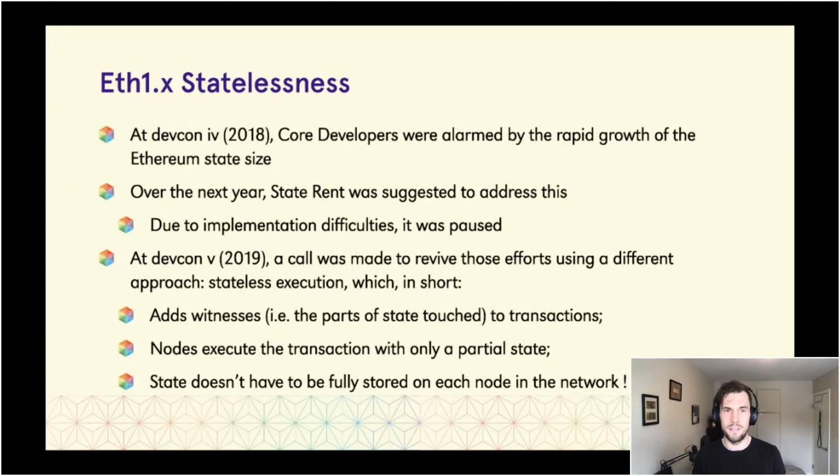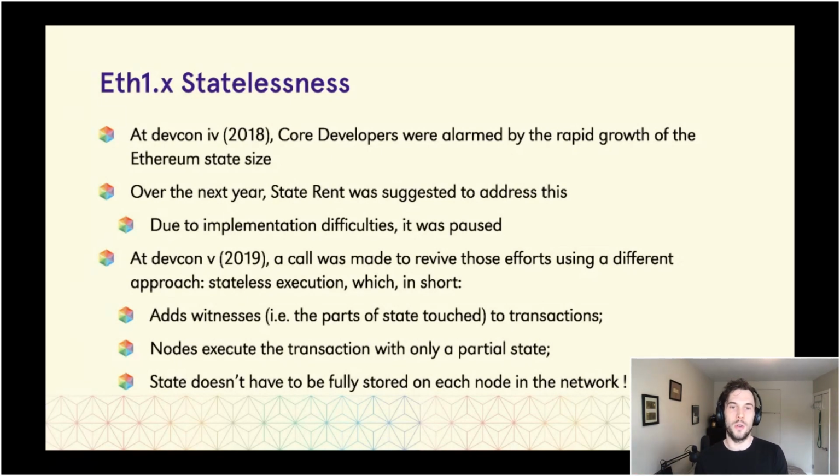And so at DEVCON 5, last year in 2019, there was a call made to still revive those efforts around curbing state growth, but using a different approach, which is stateless execution. And what stateless execution does is it adds a witness to every transaction on Ethereum. And this witness represents the parts of the state that are touched by the transaction.